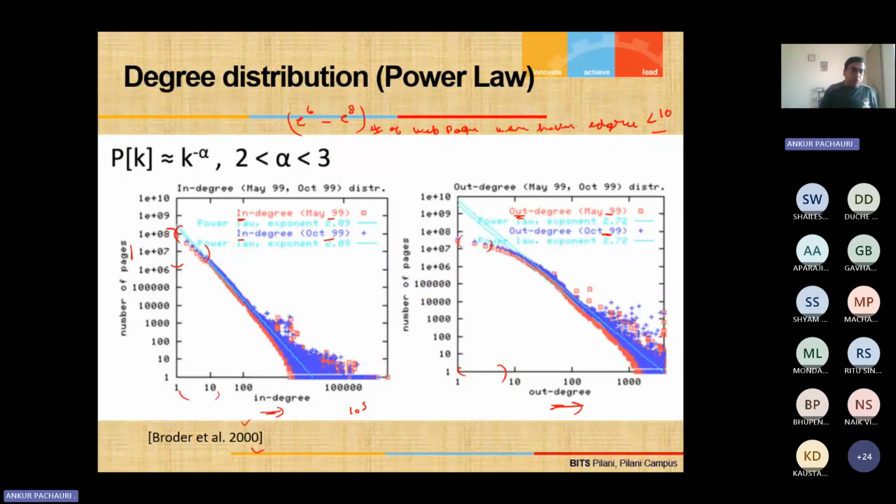The other observation was there were very small number of nodes or web pages in the range of 100 having very high in degree. So this is the second observation.